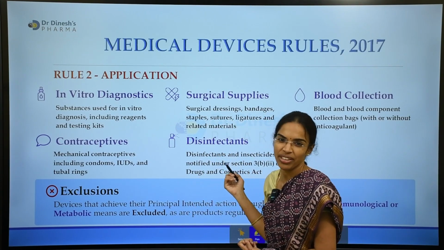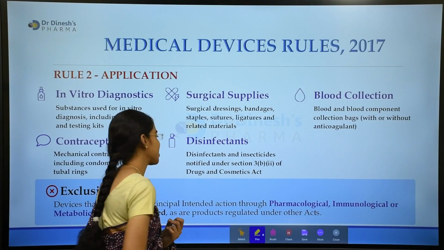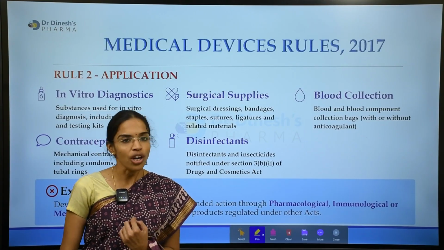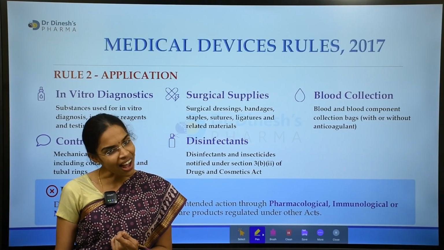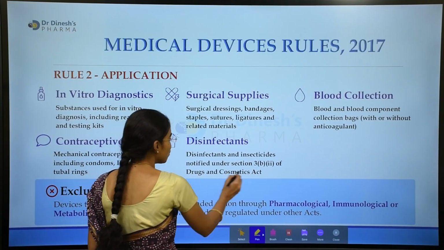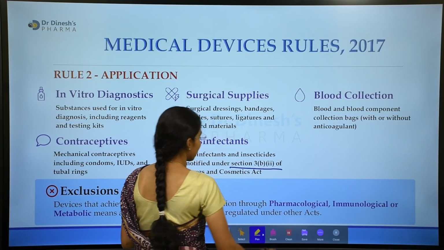And also the disinfectants. The next part is disinfectants and insecticides. Not all disinfectants and insecticides are covered under medical devices, only those notified under this particular section.